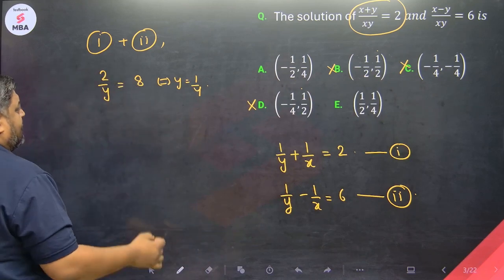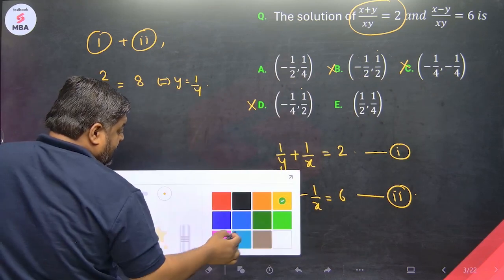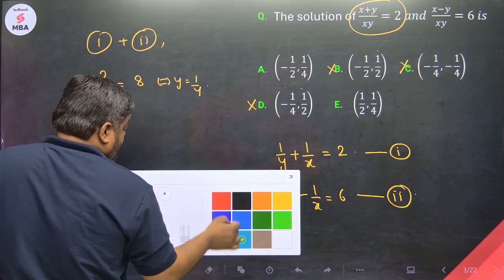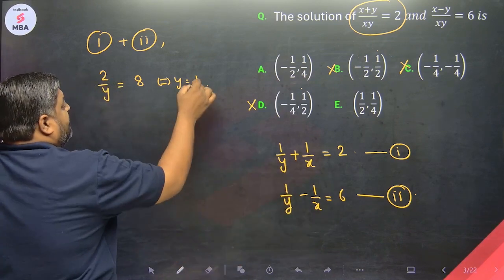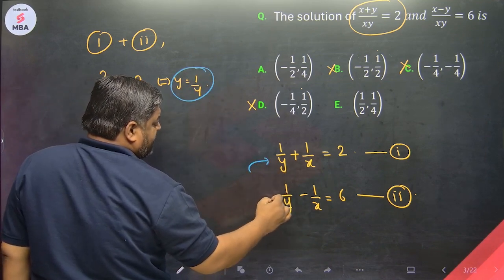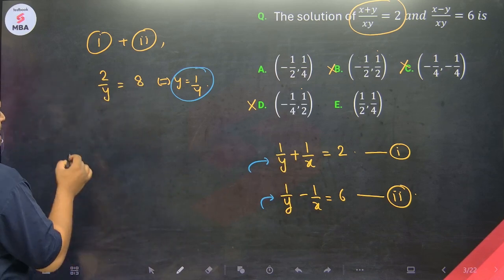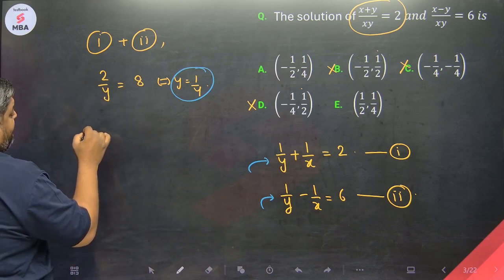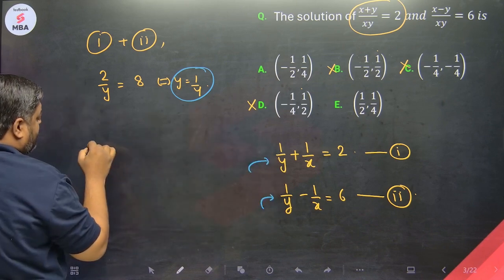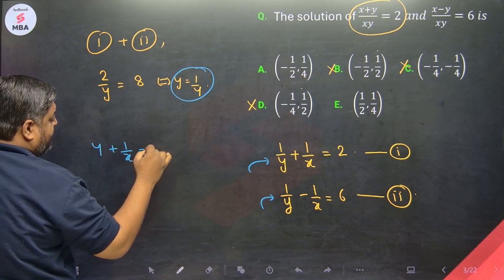Sorted? Now when y is 1 by 4, you have y, now you need to find x. You can put the value of y in any of the equations, either in this one or in this one. Let's put it in the first equation. So we will have 1 by y, and 1 by y would be 4. 4 plus 1 by x is equal to 2.